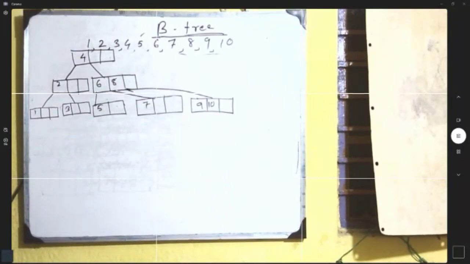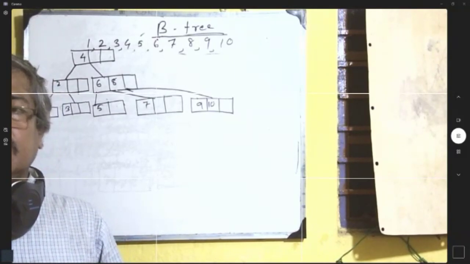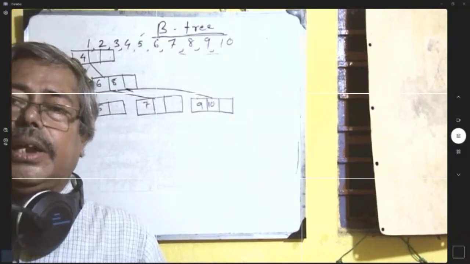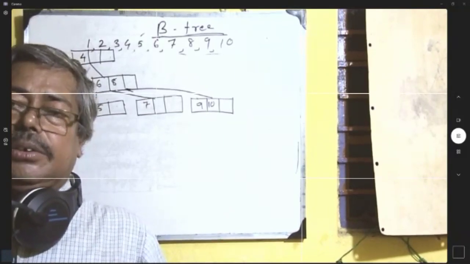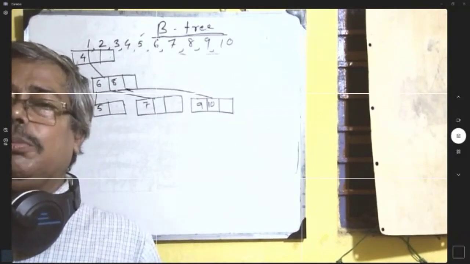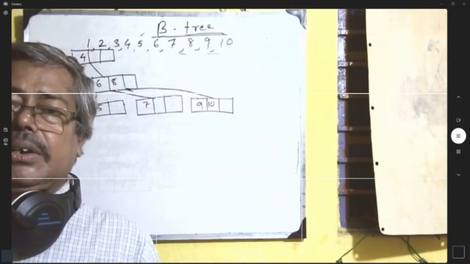So insertion in a B-tree is a process where each node is split. If an overflow position is obtained, then the node will be split, and the middle node moves upwards while the node splits at the lower position.